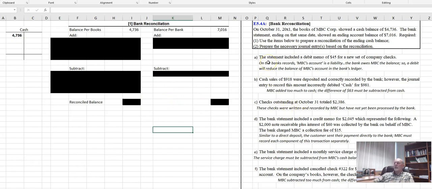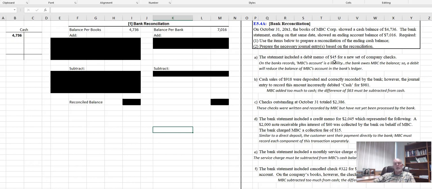First of all, it says we have the bank statement included a debit memo of $45 for a new set of company checks. So the company is charging us $45 for a new set of checks. That's a debit memo because remember we said that our account on the bank's ledger, our account is a liability, which would have a credit balance.